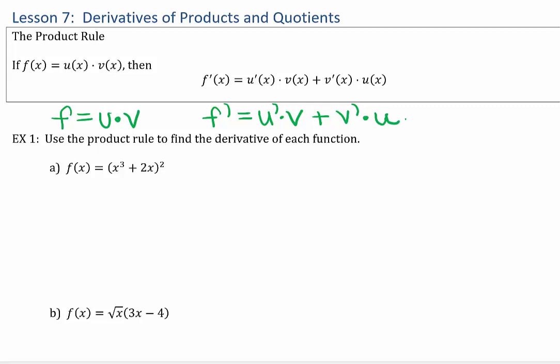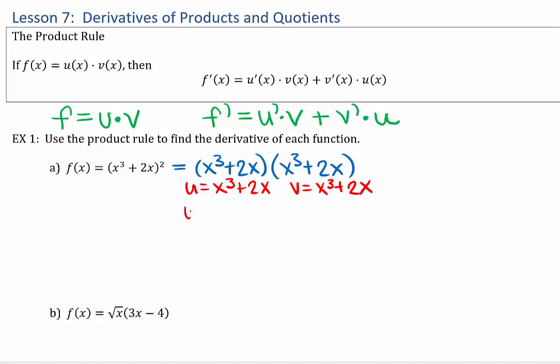Let's see how this works in a couple of examples. In my first example, f of x equals x to the third plus 2x, squared. This is the same thing as x to the third plus 2x times itself. So both my u and v are x to the third plus 2x.